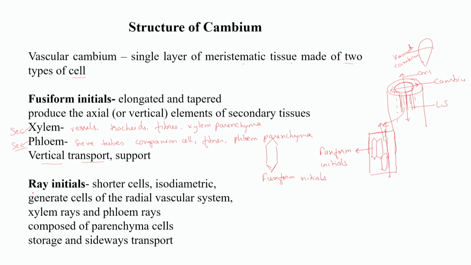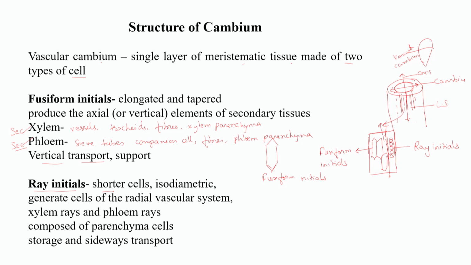Now, coming to ray initials. In this single meristematic sheet-like structure, you will also observe some very small cells. They are known as ray initials.